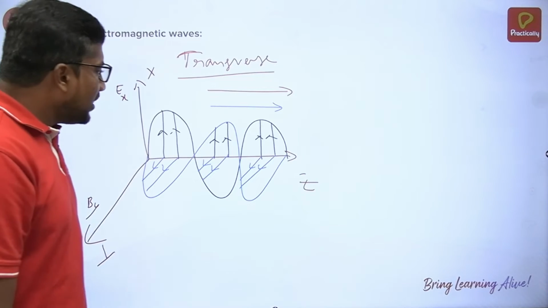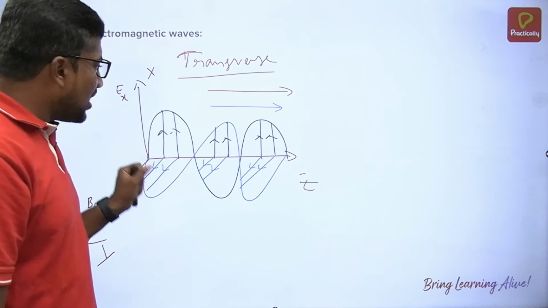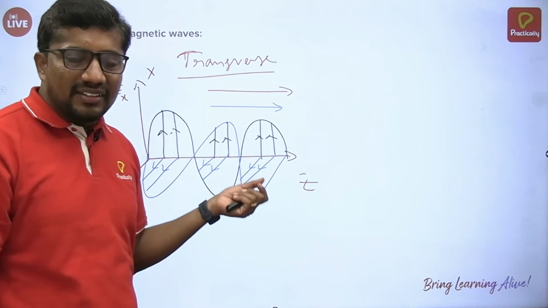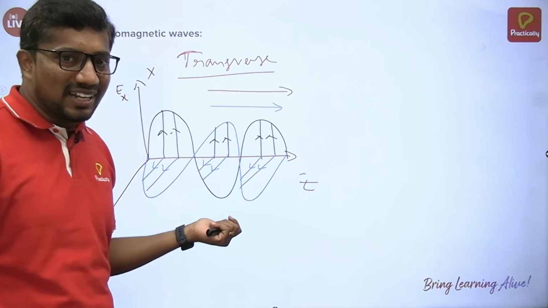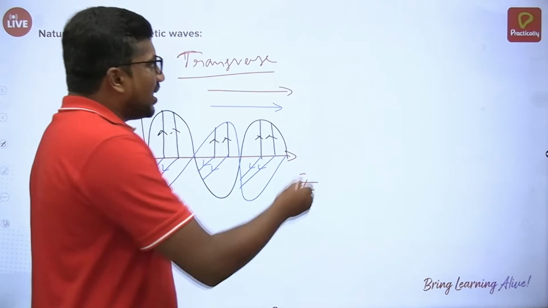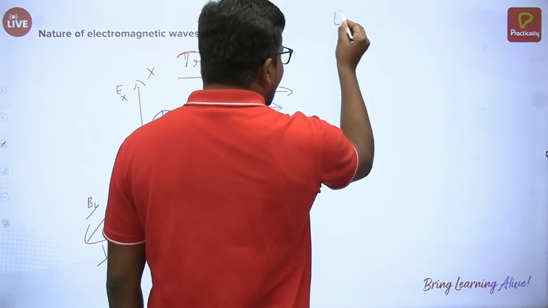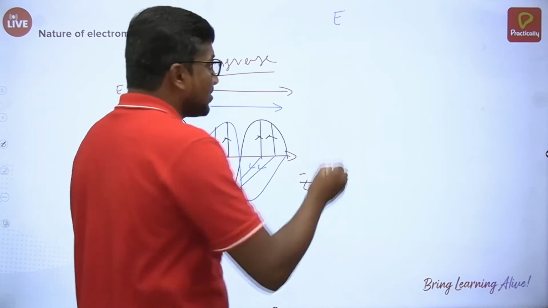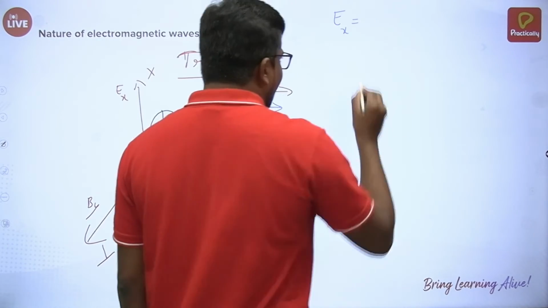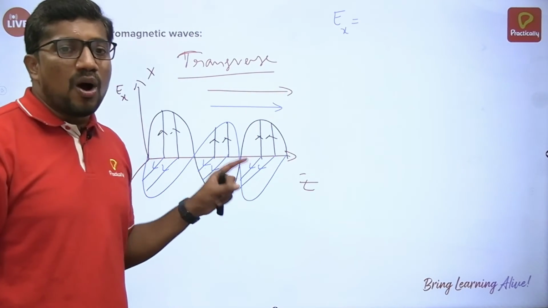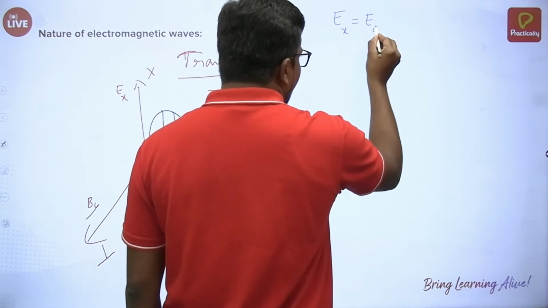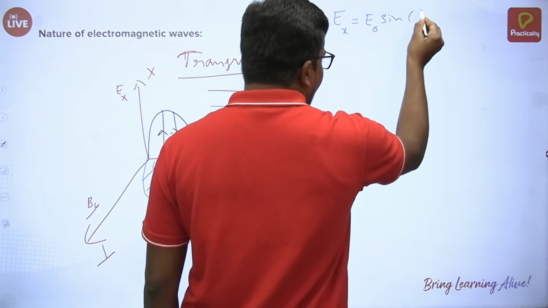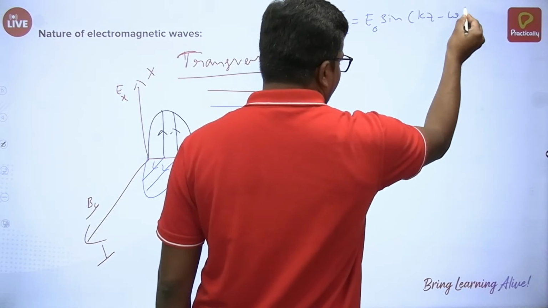Okay, so here this electromagnetic wave consists of both electric fields and magnetic fields that act at right angles to each other, and their instantaneous values can be written as Ex, the instantaneous value of the electric field, Ex equals E naught sine of kz minus omega t.